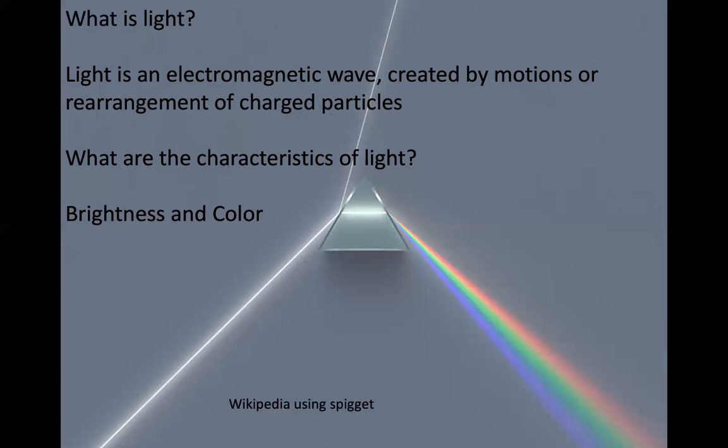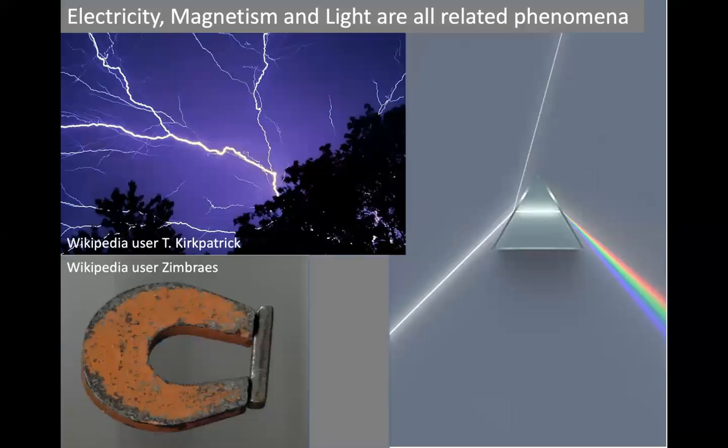Now, what do I mean by saying that they're electromagnetic waves? Well, what that comes down to is something that I think most people find very surprising, that electricity, like lightning, or the current running through your house, magnetism, like with magnets, and light are actually all interrelated phenomena.